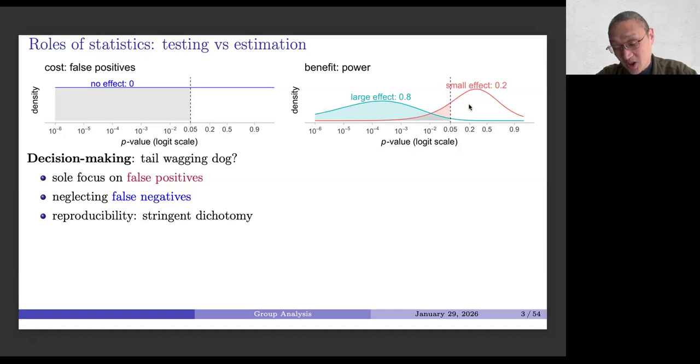Here I want to distinguish the problem. We don't know the ground truth, right? The ground truth is 0.2, which is small, but by chance you may detect something like 0.8 or even bigger. That would survive the thresholding, but that creates a problem called type M, because the magnitude is bigger than the ground truth. Since we don't know, by chance it could end up with a big effect.